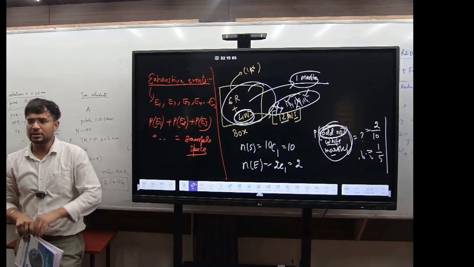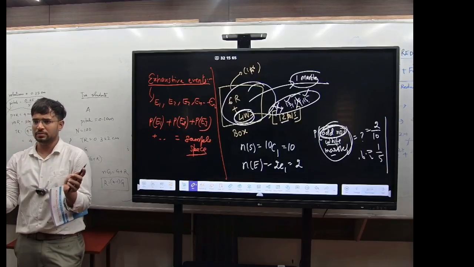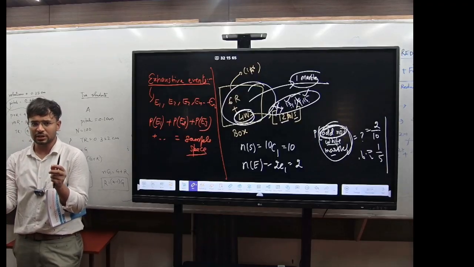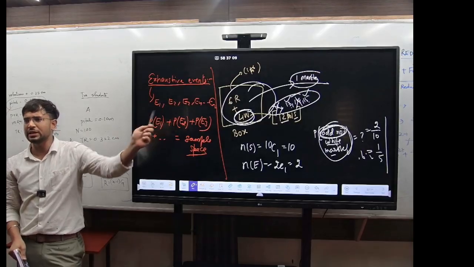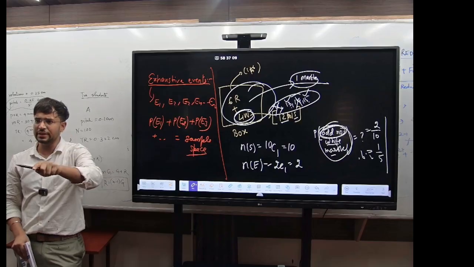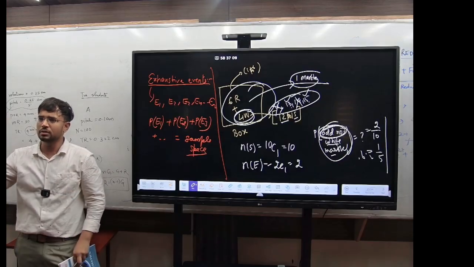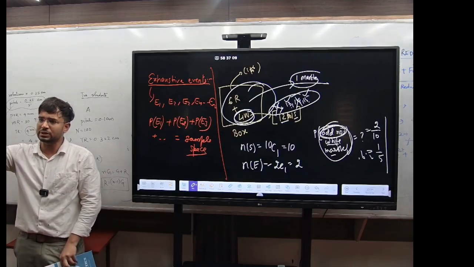Let's say there are events E1, E2, E3, E4 till En, such that their union is equal to the sample space.